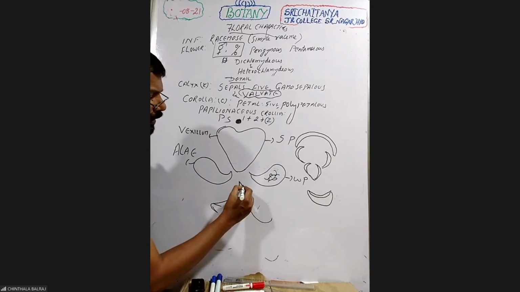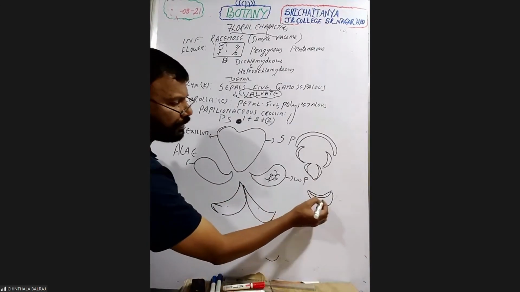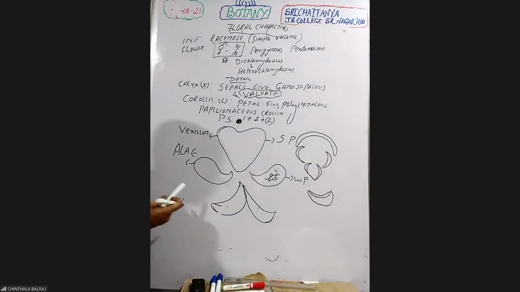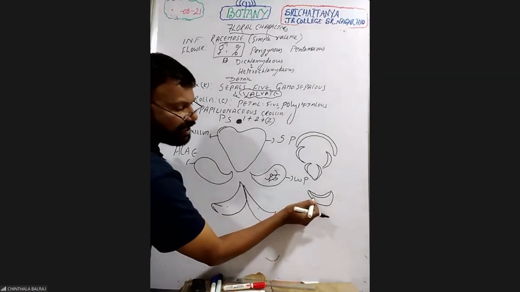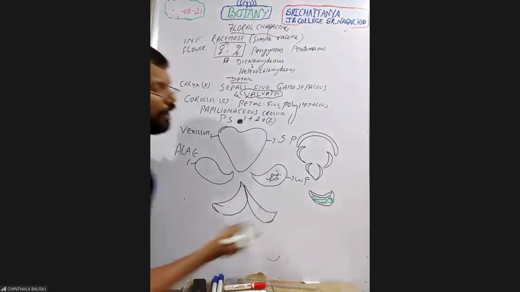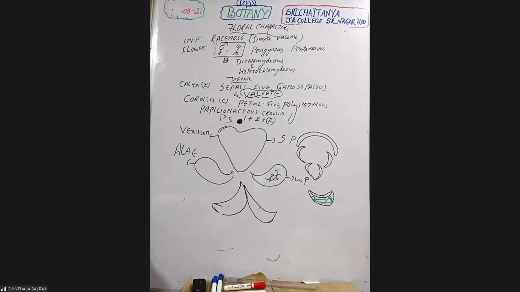Anterior side. And inside the boat petal, what are present? Essential organs are included. Gynoecium, stamens, all sex organs are enclosed inside the keel petals. Okay?